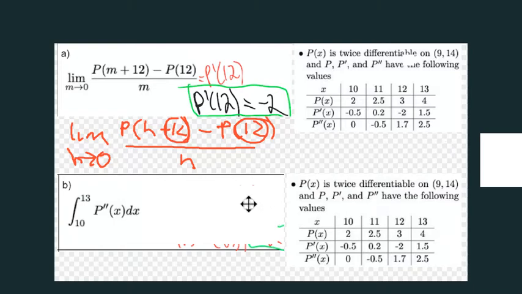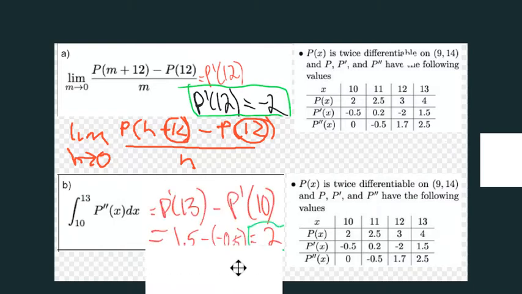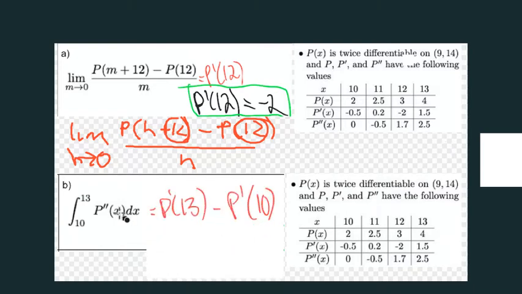Let's take a look and see if we can get that. This would mean p prime at 13 minus p prime at 10. How much does the y value on p prime change by from 10 to 13? Now I can use my table. At 10, p prime is negative 0.5.